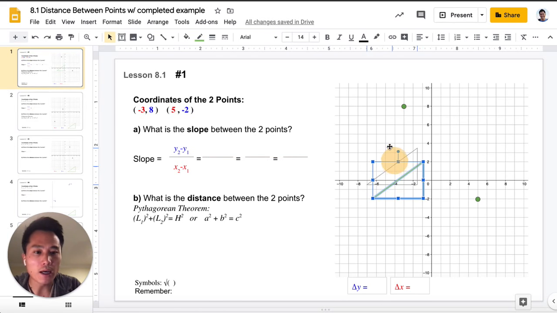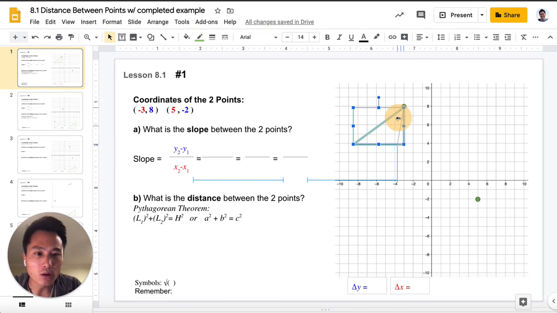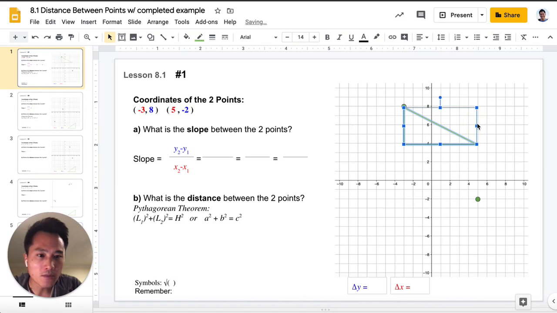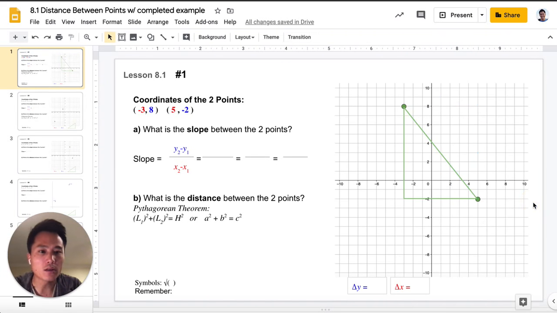So to do that, I'll go ahead and line up the top of the triangle here with this top point. And I'm going to have to bring the triangle over to the right. So I'm going to click and drag and bring it up to here, and then drag this base down so that it lines up with the second point. And so now you can see my slope triangle, the hypotenuse of the slope triangle is going between the 2 points.